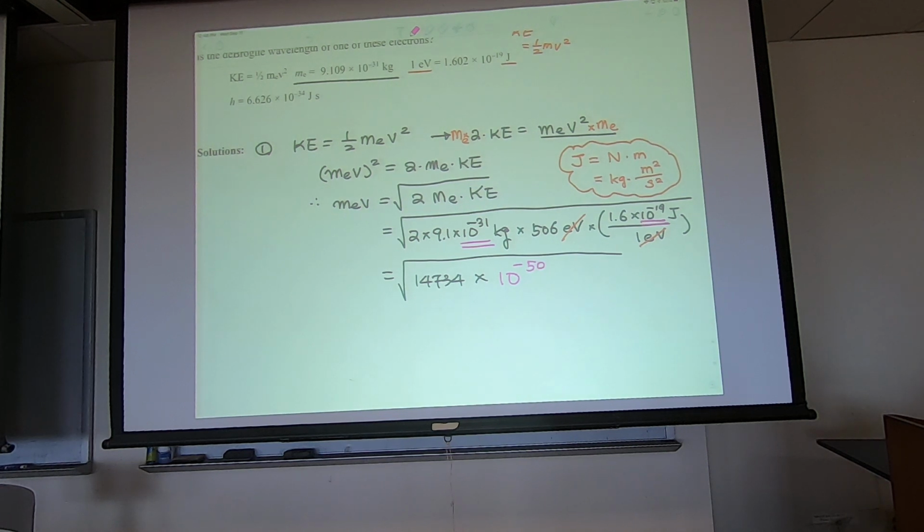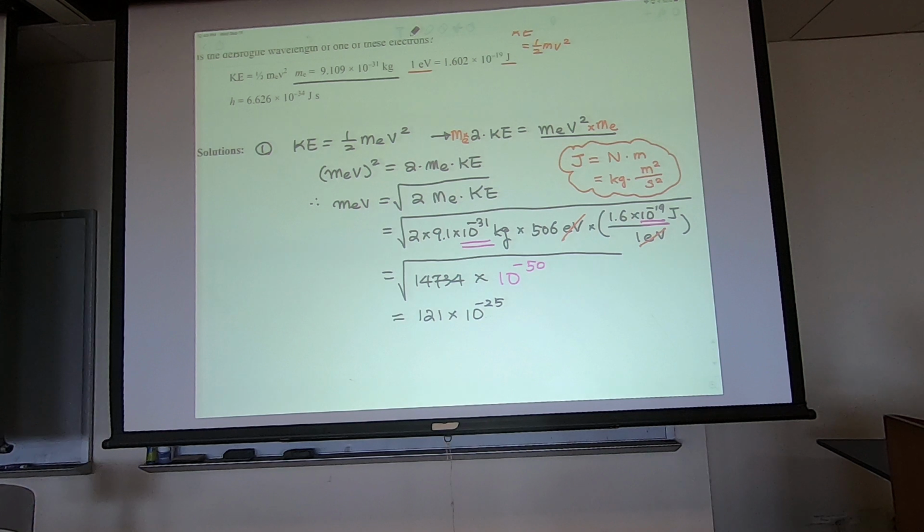And then the other part is 10 to the minus 50. Okay? So then I can finally get to the number I'm looking for, which is 121 times 10 to the minus 25. The square root conversion is easy, because the 10 to the 50 just gets halved, so that becomes 25.